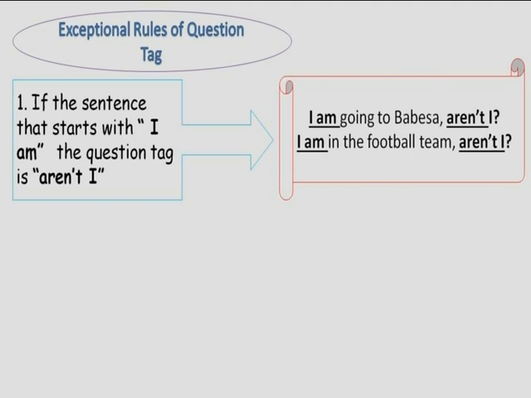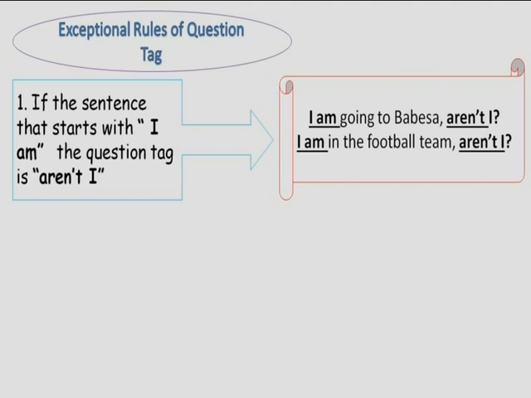"I am going to Babisa, aren't I?" See? The sentence starts with "I am," so when you see a sentence starting with "I am," you should know that we must use "aren't I." Is it okay?